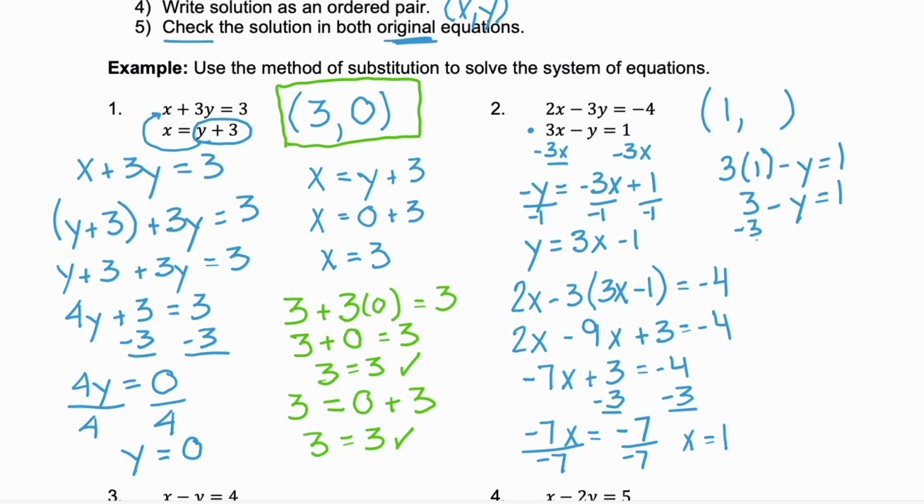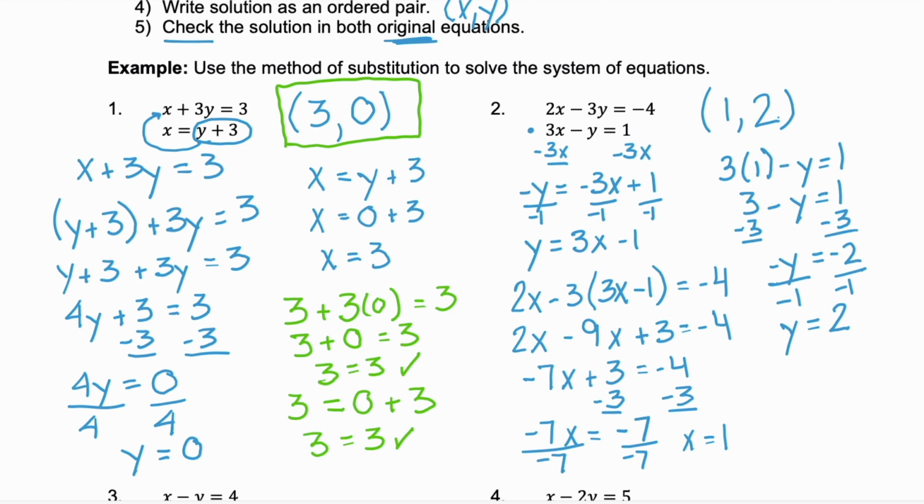Well, subtract 3 from both sides so we can isolate y. We're left with negative y on the left-hand side equals 1 minus 3, or negative 2. We have a negative y, so divide by negative 1, and we find out that y equals 2.